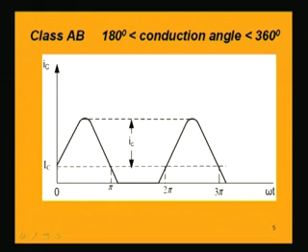Here we can see that the DC collector current, or the quiescent current I_C, is placed at this position, and that is why during the positive half cycle the collector current is flowing. It also flows when the angle is greater than pi, but at this point the collector current enters into cutoff.